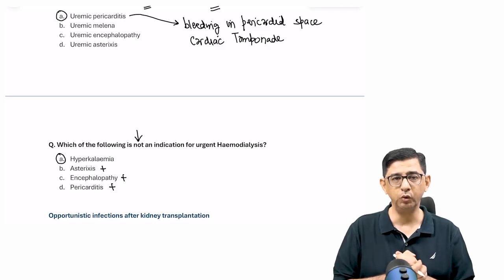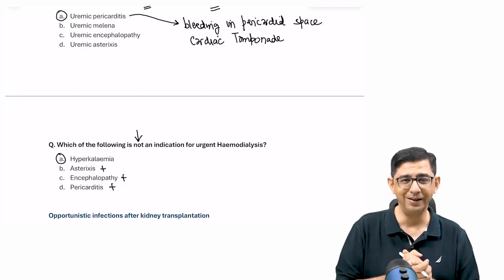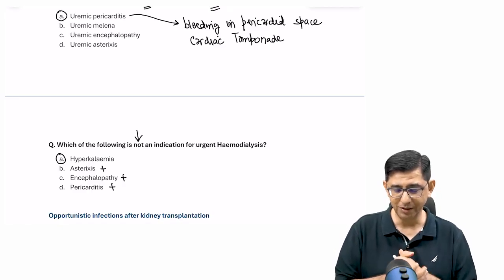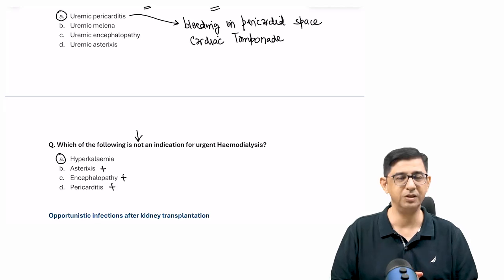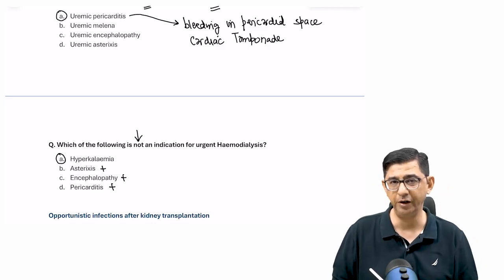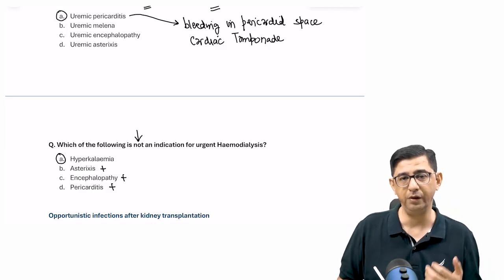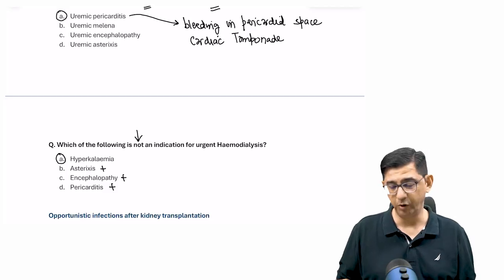With respect to the first question, the usual answer is encephalopathy. I myself answered that. For not an indication for urgent hemodialysis, I usually get answers between asterixis and pericarditis. The answer is hyperkalemia, guys, because in hyperkalemia I can give calcium gluconate and an insulin drip. If it still does not respond, that's when I'm going to plan urgent hemodialysis.